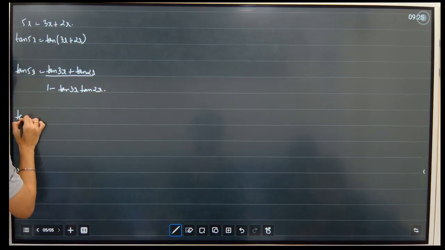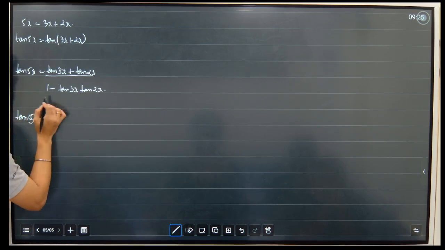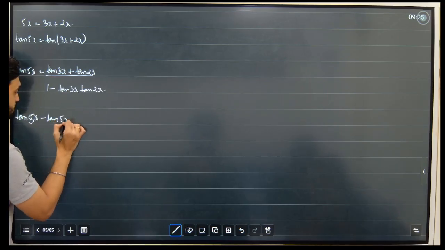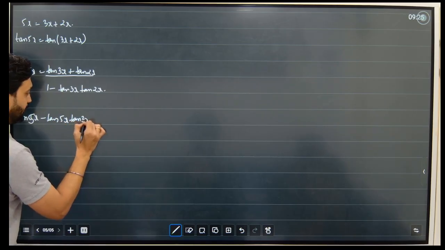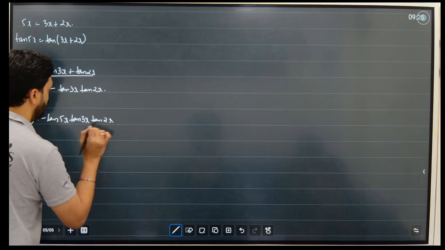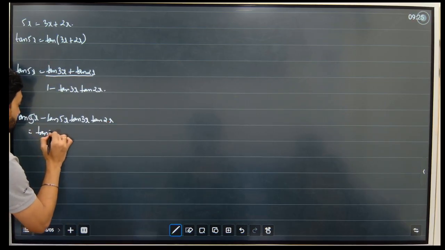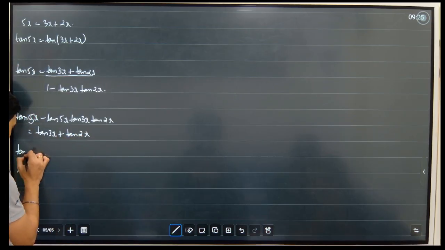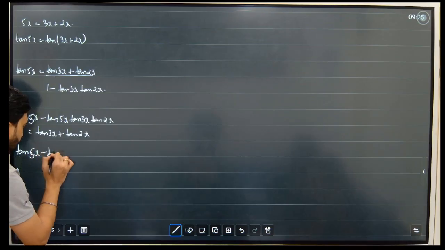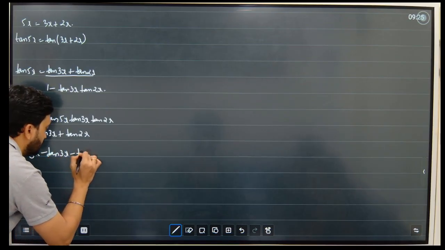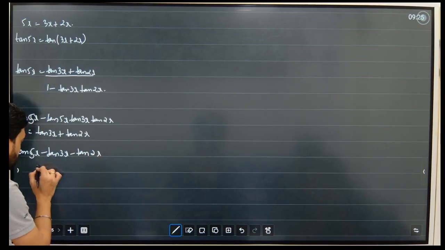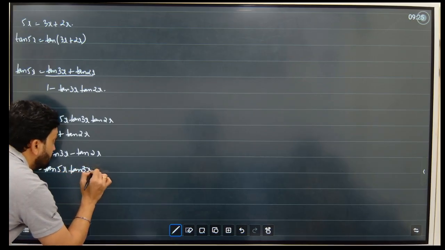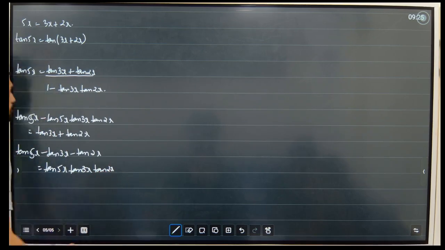I'll take it on the left hand side. So tan 5x, I'll open the bracket: tan 5x minus tan 5x tan 3x tan 2x is equal to tan 3x plus tan 2x, and therefore tan 5x minus tan 3x minus tan 2x is equal to tan 5x tan 3x tan 2x.